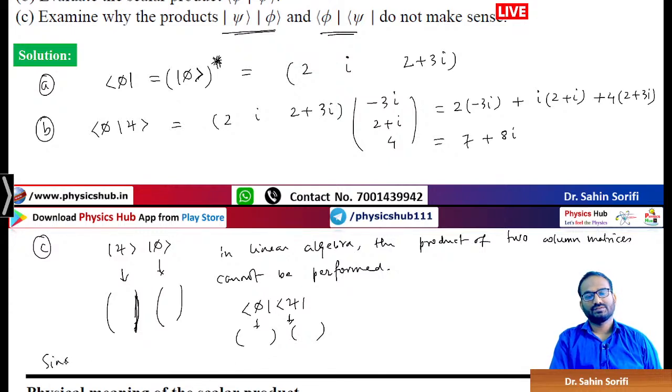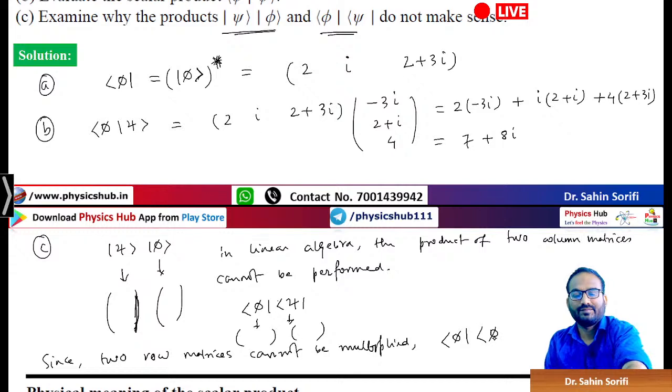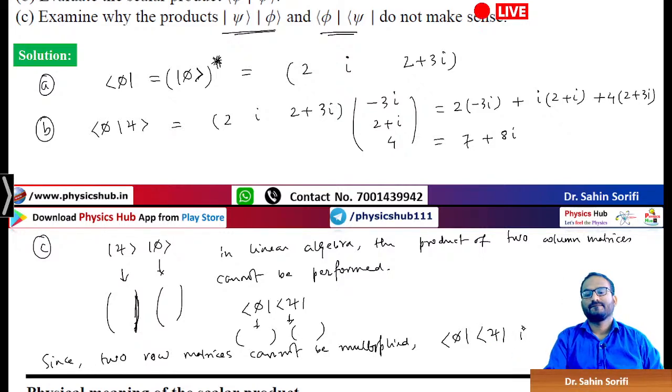So since two row matrices cannot be multiplied, phi psi is meaningless.